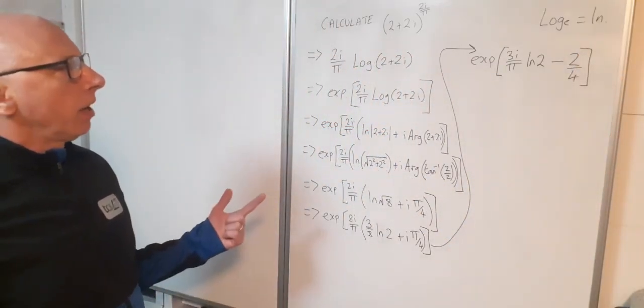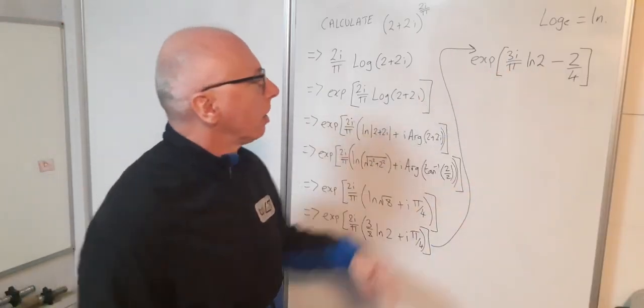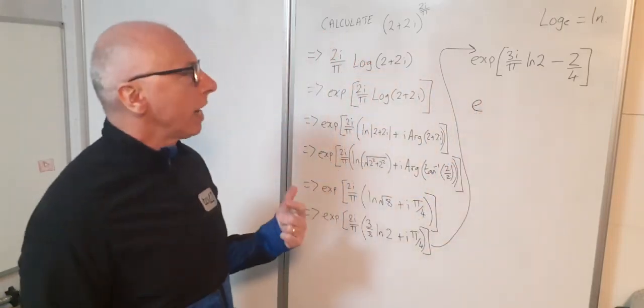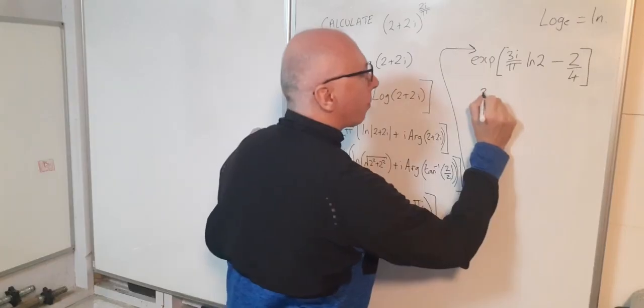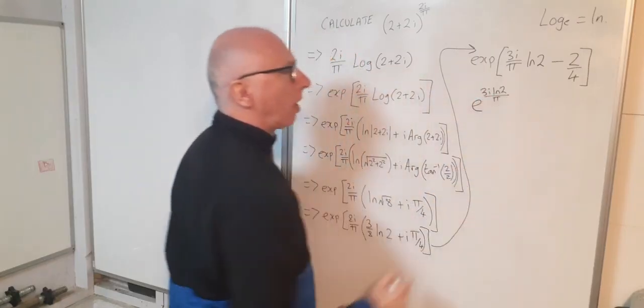Okay, so now I've got exponential. Distribute that with each of these. So now if I just write that as the normal exponential function where we just write e, then I've got 3i ln of 2 over pi.